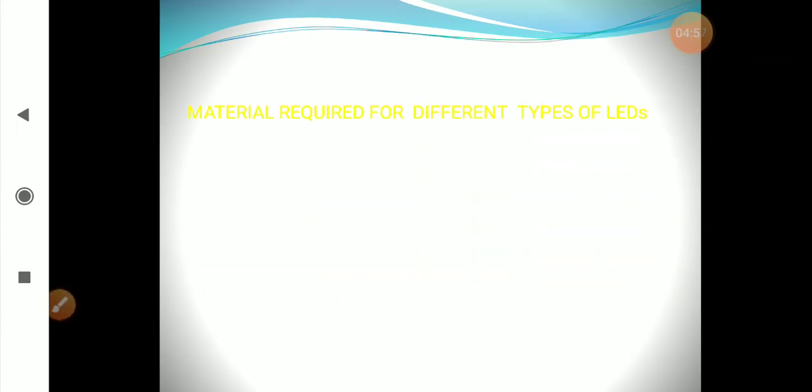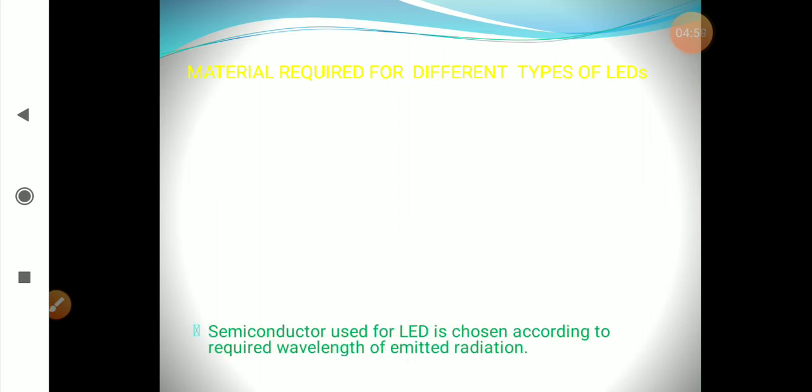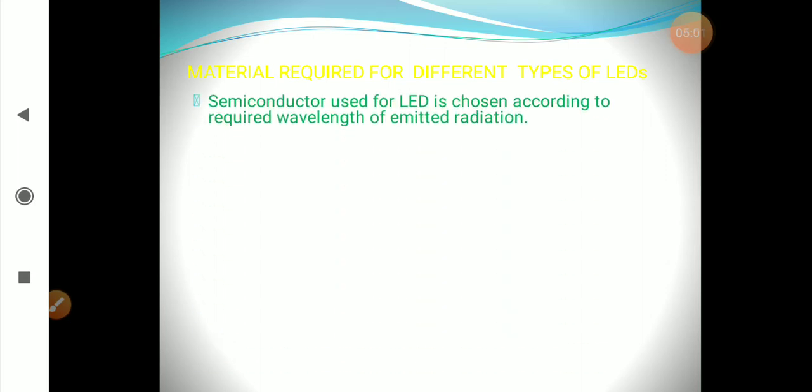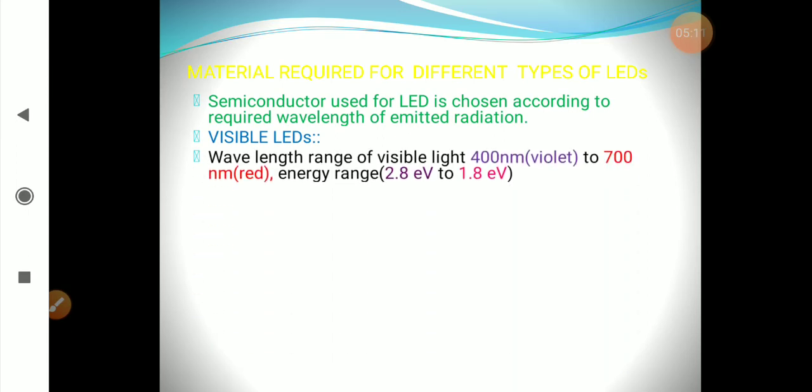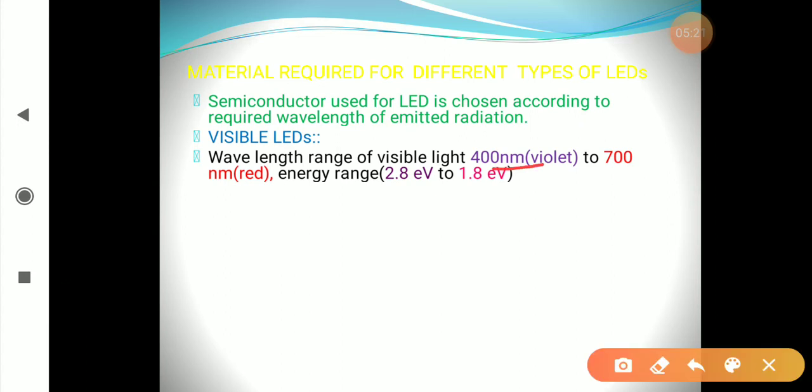Now, materials required for different types of LEDs. Semiconductor used for LED is chosen according to the required wavelength of emitted radiation for visible LEDs. Now, wavelength range of visible light is 400 nanometer for violet to 700 nanometer for red.